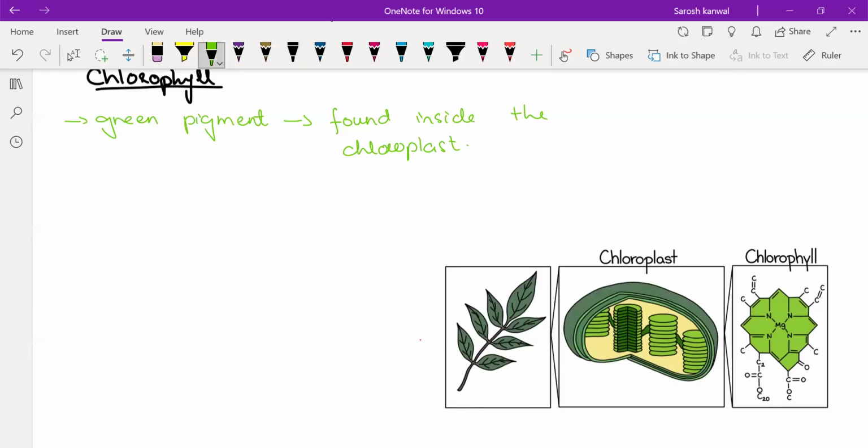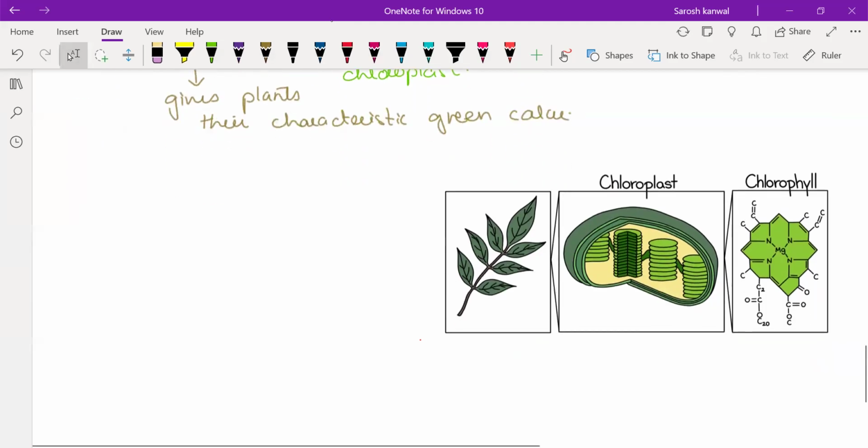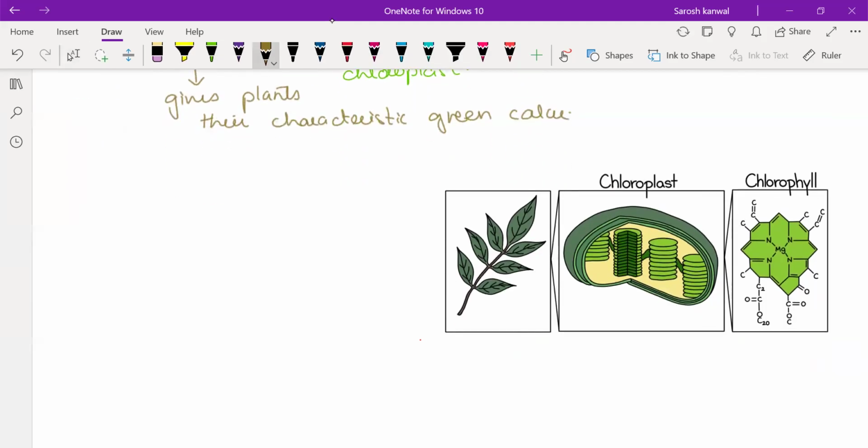And it is the pigment that gives plants their characteristic green color, right? Due to this pigment, the plants appear green.